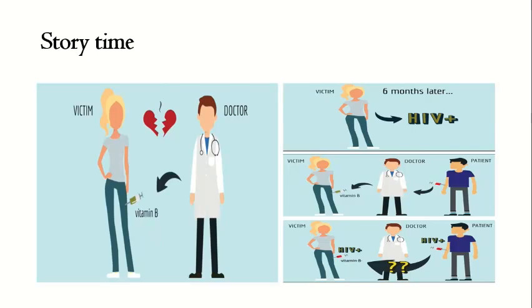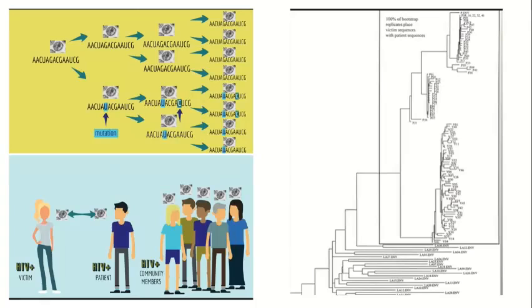So now, because there were allegations against the doctor and he claimed that she could have gotten HIV from any possible source, scientists were called in. And based upon science, this case was solved based upon phylogenetics. So essentially, whenever a virus mutates, it develops certain mutations that are passed on to all of its respective progeny.